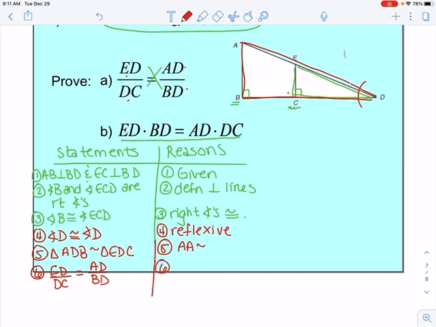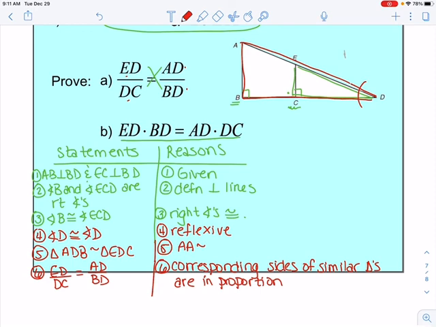And the reason that that's true is because corresponding sides of similar triangles are in proportion.